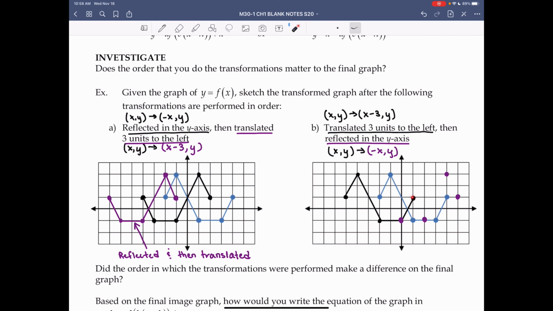And last one, this one is at x equals 1, so it's going to go to x equals negative 1. And then join our points together. So this graph is translated and then reflected.